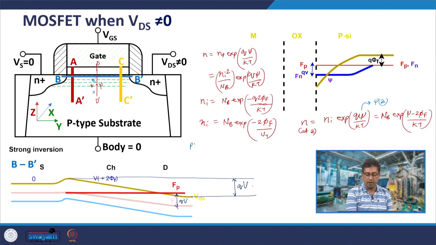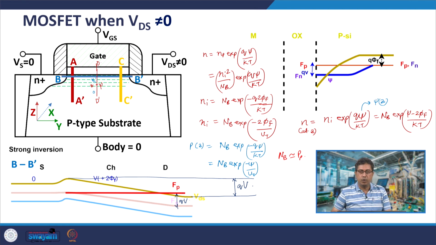What about p? This is because we are using the approximation that in the neutral bulk region, the hole concentration is equal to the acceptor ion concentration Nb.